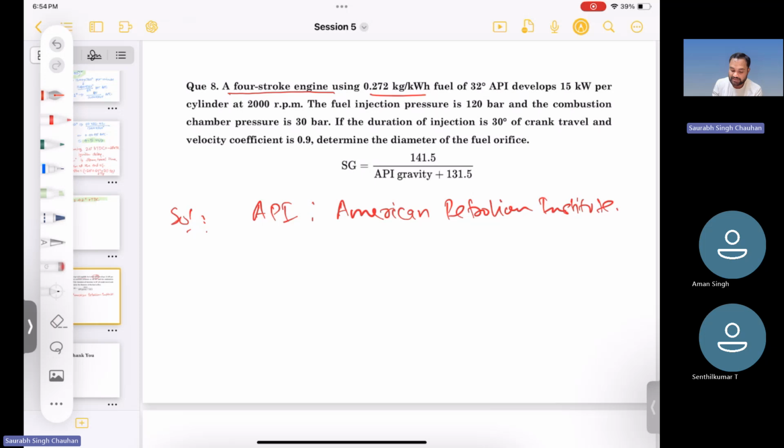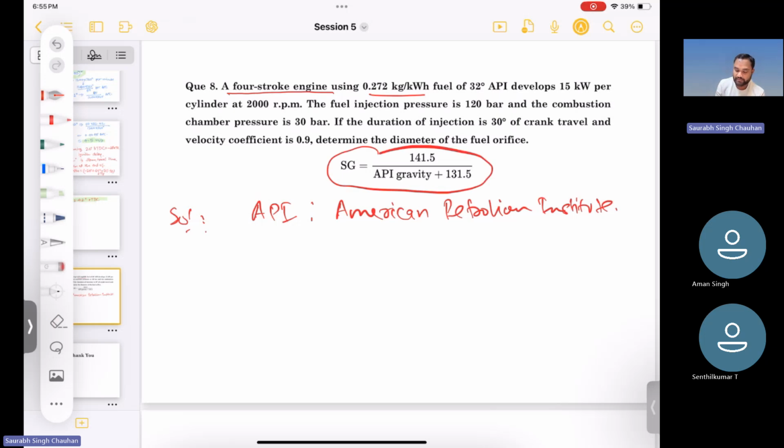The American Petroleum Institute has given rules to define the specific gravity of a fuel. For example, fuels which have API more than 10 degrees are lighter than water, and fuels which have API less than 10 degrees are heavier than water. In terms of water, this API is defined, and a formula is given to find the specific gravity. So first of all, let us find the specific gravity.